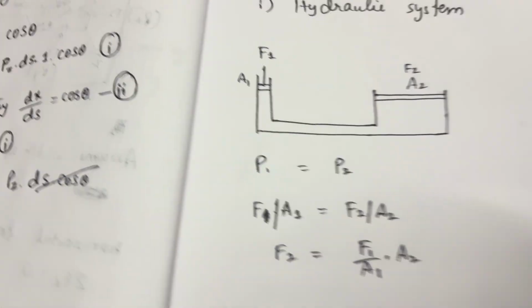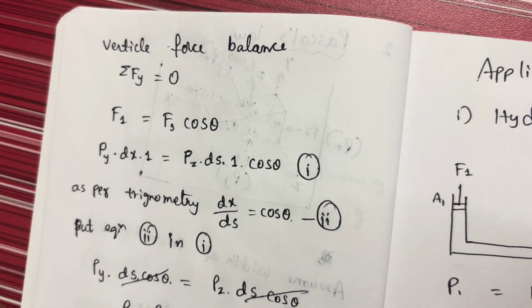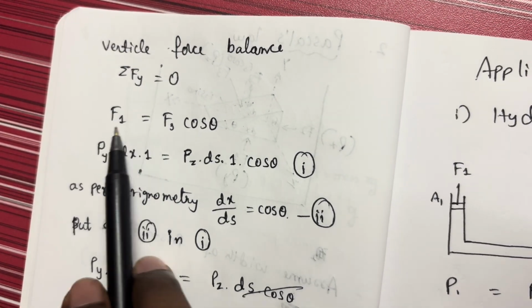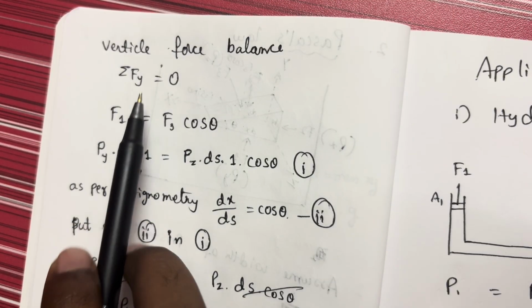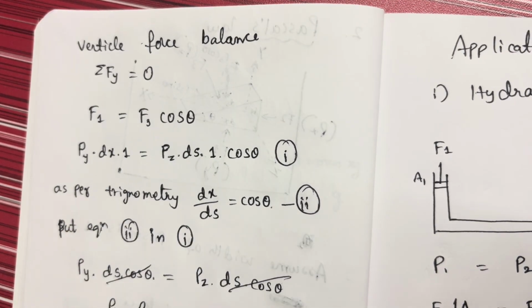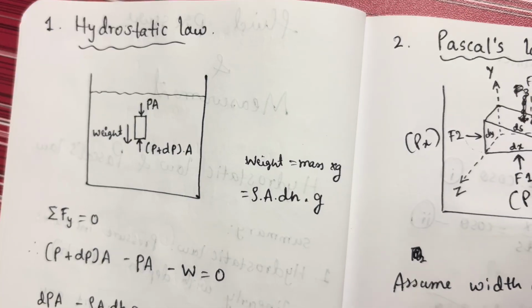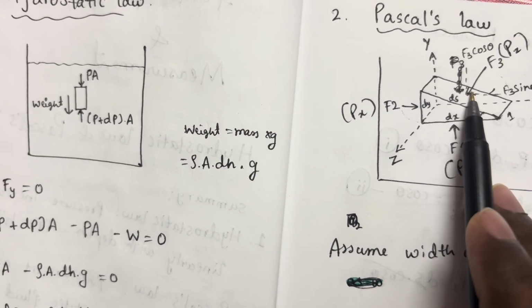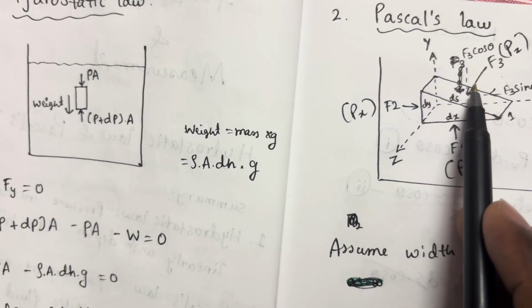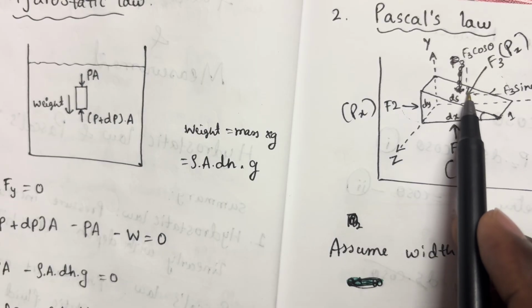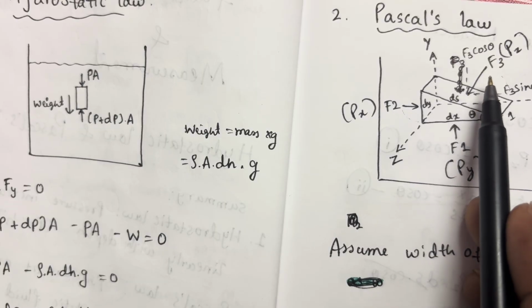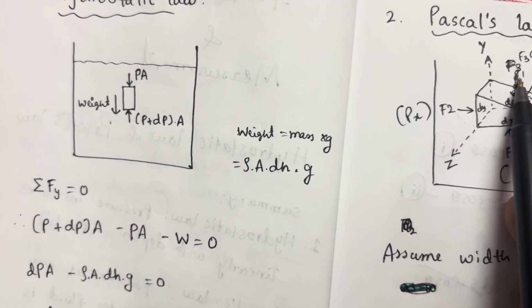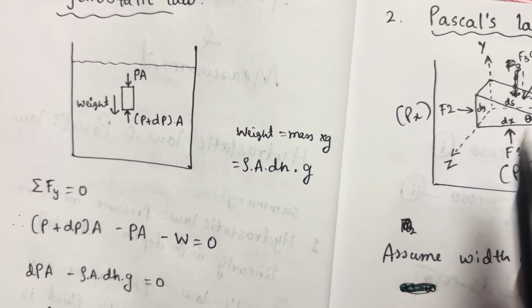Now we'll prove it in a similar way for the y direction. Again, the summation of all forces in the y direction is equal to 0. What is there in the y direction? One is F1 obviously, and then there is F3. F3 is at an angle, but if you project it in the y direction, it becomes F3 cos theta.